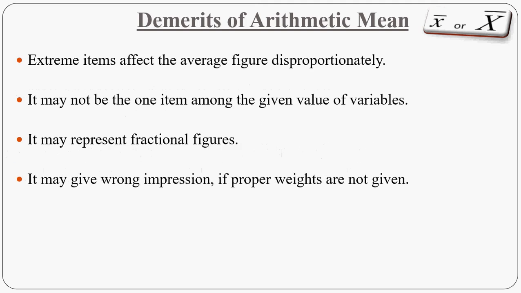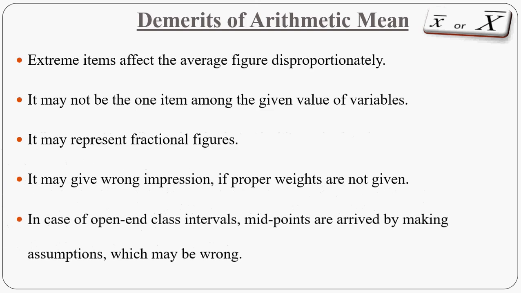It may give wrong impression if proper weights are not given. So proper weightage or miscalculation, it gives a very wrong impression. In case of open-end class interval, midpoints are arrived at by making assumptions, which may be wrong. Now, while calculating arithmetic mean, in the case of open-end, after calculating midpoint, what we do is we take any of the midpoints as assumption.